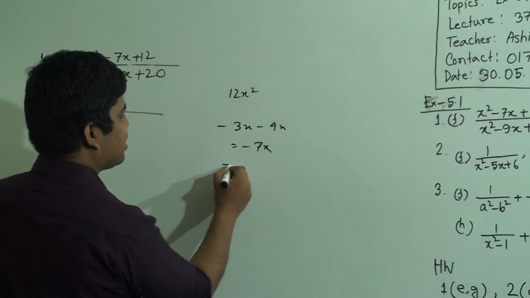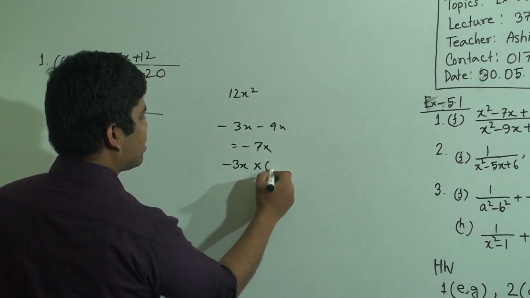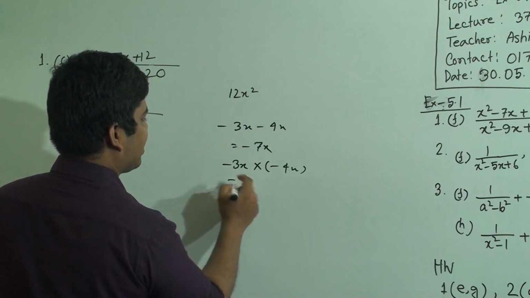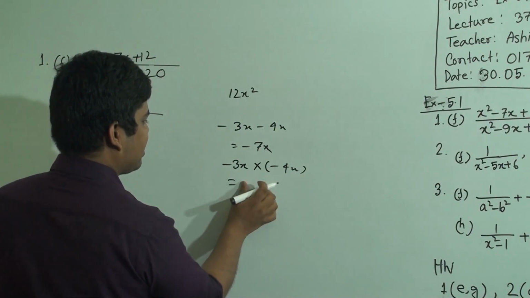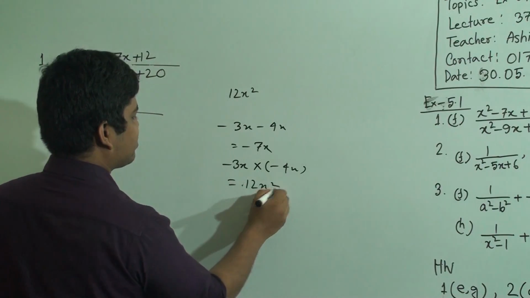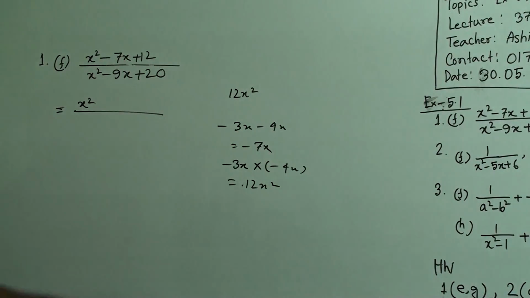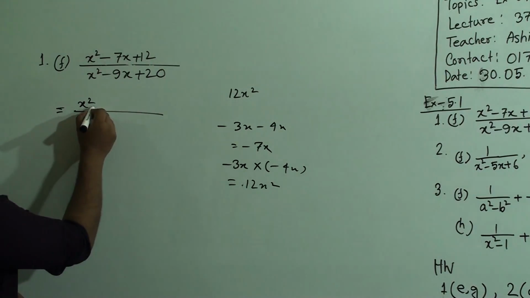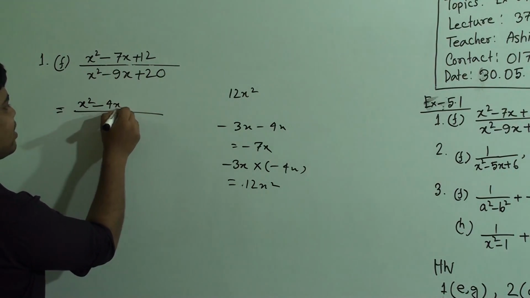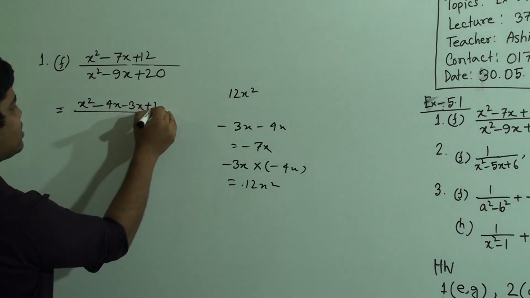On the other hand, if we multiply minus 3x with minus 4x, then we get minus minus plus, and 3 4s are 12x squared. So we take minus 3x and minus 4x to break minus 7x. So please write x square minus 4x minus 3x plus 12.